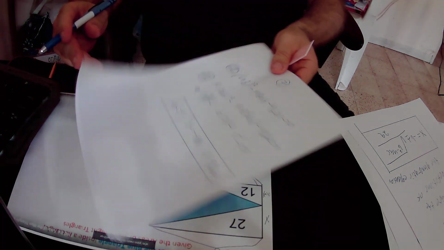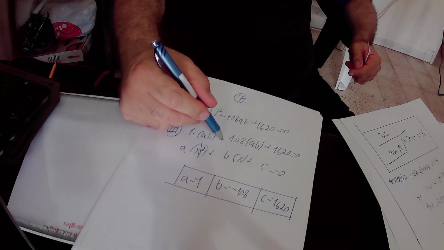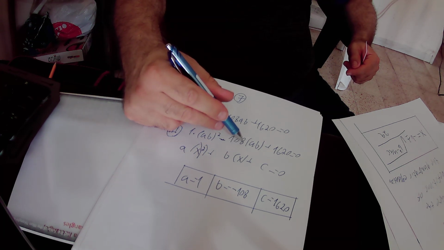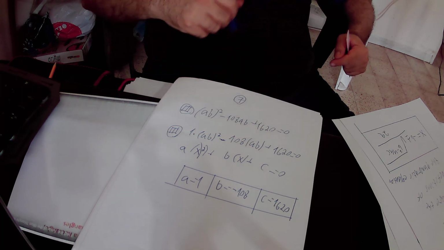A equals to 1, B equals to minus 108, and C equals to 1620.